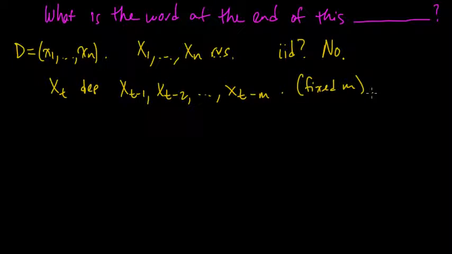We could write down a generative model which satisfied this. And the simplest case would be m equals 1. So this is going to lead us to the definition of a Markov chain.